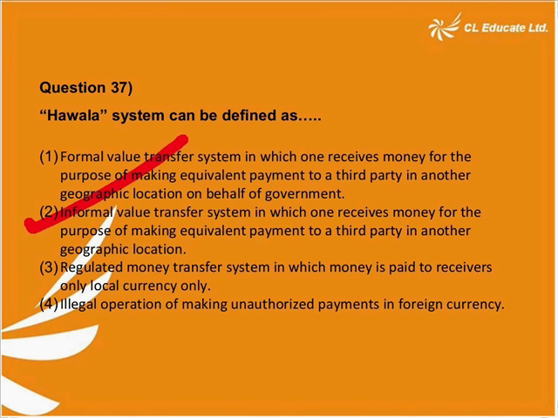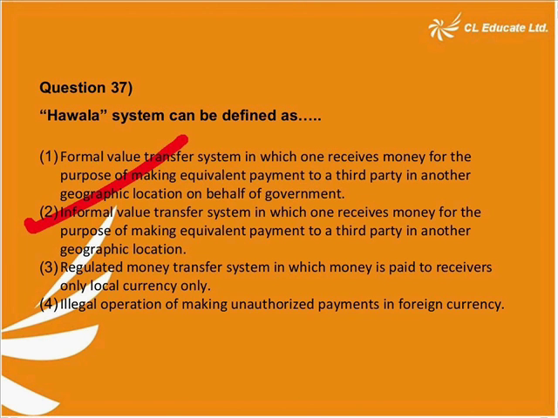Then question number 38. With reference to the Indian diaspora around the world, identify which of the following statements are correct. The Indian diaspora is now around the world, and NRI Day is now celebrated in India every year. All are correct, or 1, 2, 4, 1, 3, 4, 1, 2, 3.